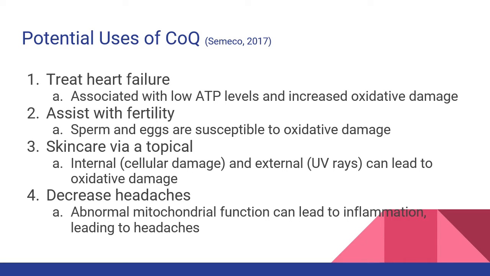So when treating all these disease states, it assists with that. With heart failure, there are low ATP levels and increased oxidative damage. For fertility, sperm and eggs, and skin are also very susceptible to oxidative damage. It has also shown a role in decreasing headaches, because abnormal mitochondrial function is associated with headaches.